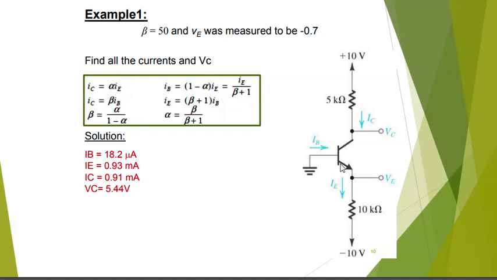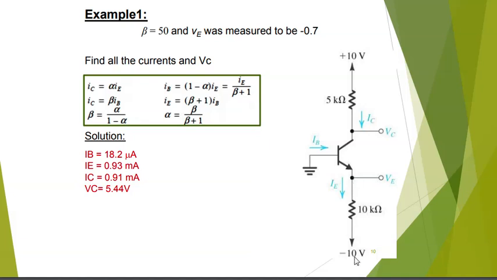So you know that this arrow always, whether it's here for the NPN transistors or here for the PNP transistors, works like a diode. So you will have a voltage drop of 0.7 here. So you could use this to figure that VE will be minus 0.7.